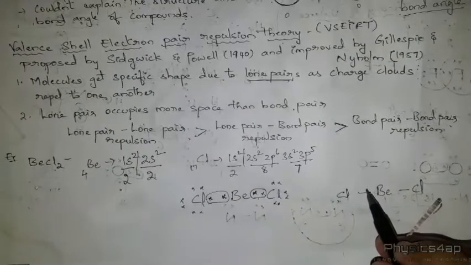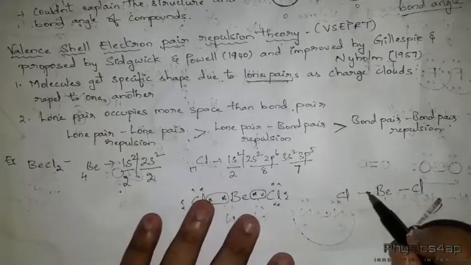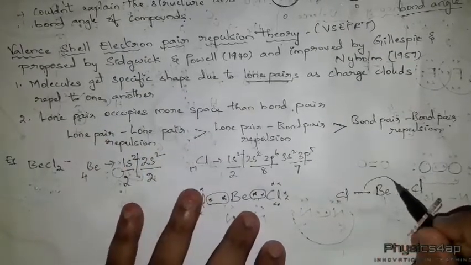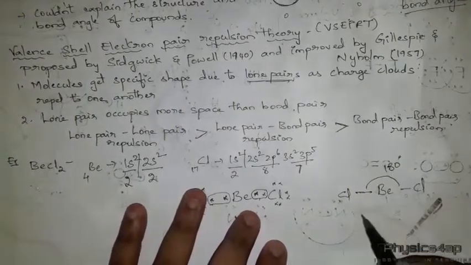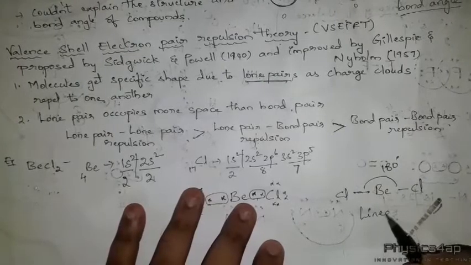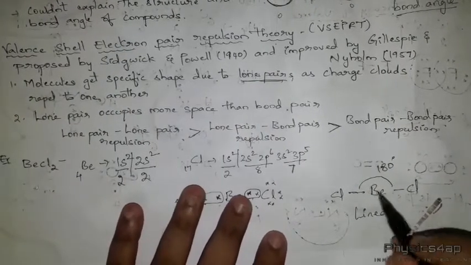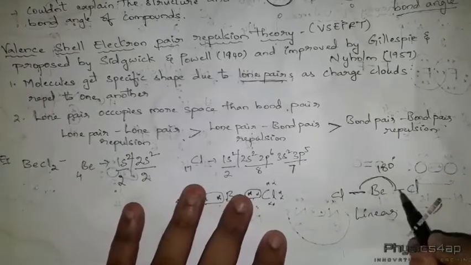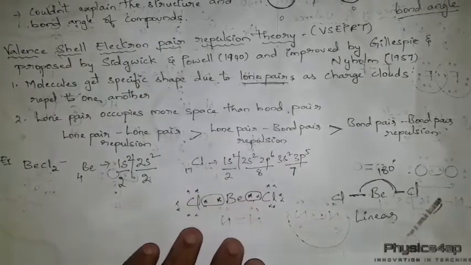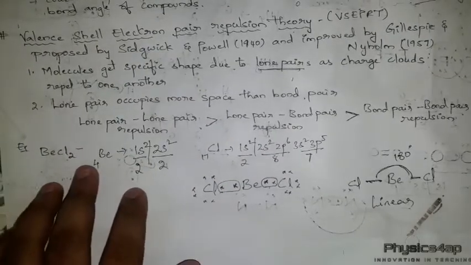Here, the valence shell electron pair repulsion theory has successfully explained the bond angle, which is 180 degrees, and the shape, which is linear. So the bond angle is 180 degrees and the shape is linear. This is about beryllium chloride.